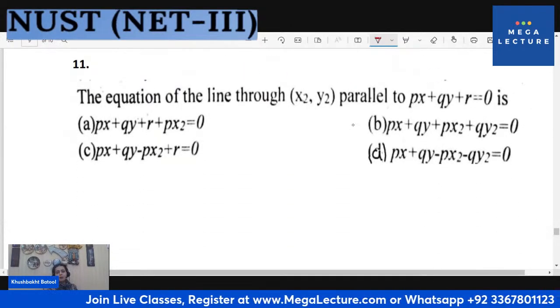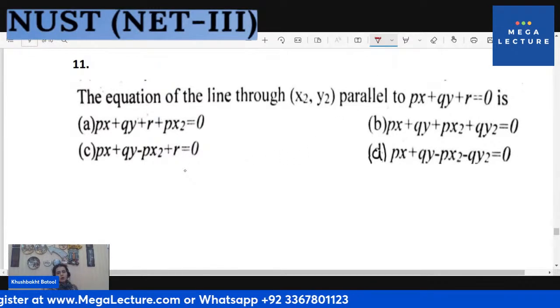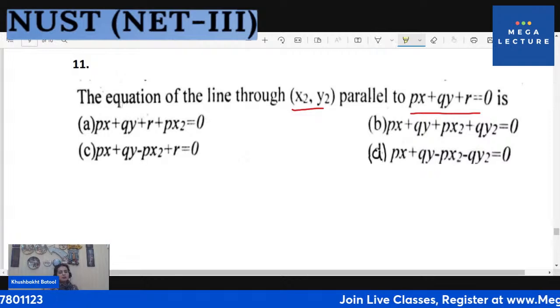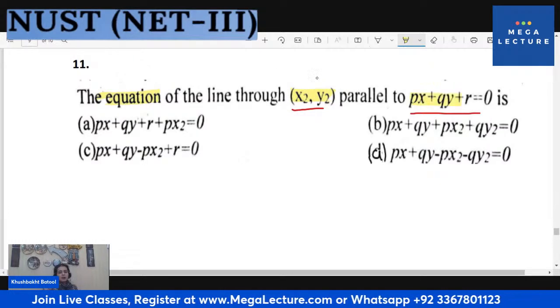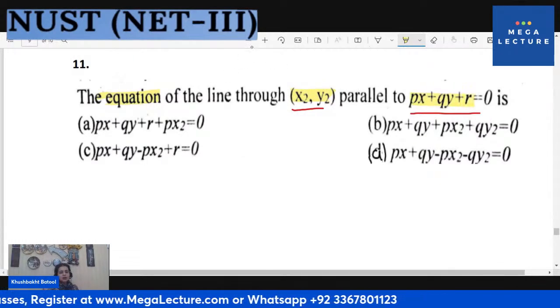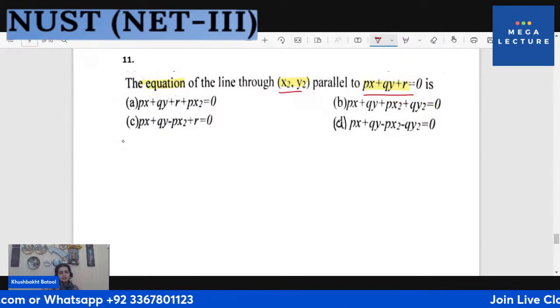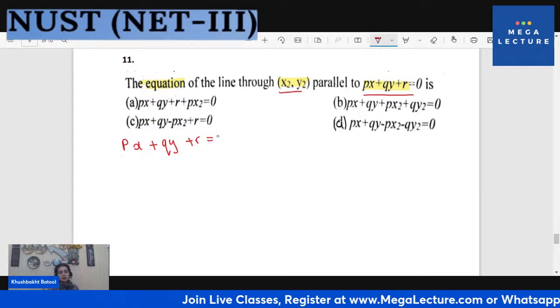All right, let's talk about this 11th question. It says the equation of the line through x2, y2 parallel to this is. Now you are interested in finding the equation of a line that is passing through x2, y2 and it is parallel to another line. Let's talk about that other line. It is px plus qy plus r equals 0.